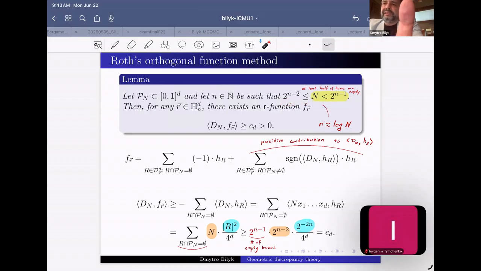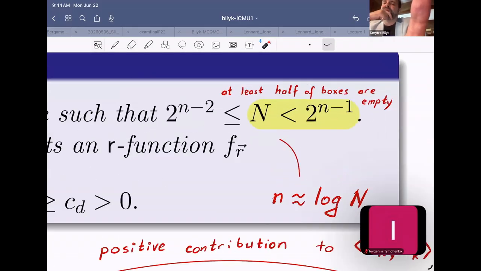If little n is the scale, then for every shape you have 2 to the n rectangles, each of size 2 to the negative n, but N is less than 2 to the n minus 1. That means that for every shape, at least half of the boxes will be empty. And we already know that for empty boxes, we can compute things.